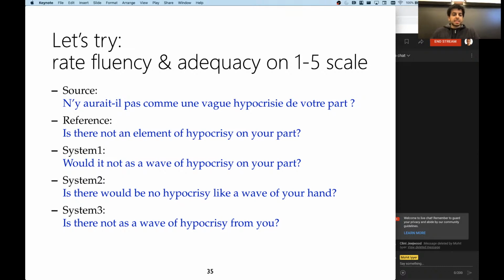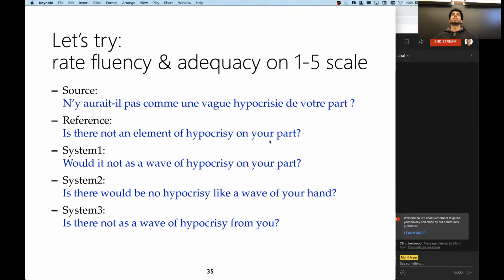So let's rate this in terms of adequacy from 1 to 5, where 1 is bad and 5 is fully adequate. How many of you, just raise your hand, would give this a 1 out of 5? Like, does it preserve none of the meaning at all and is completely unrelated to this reference sentence?